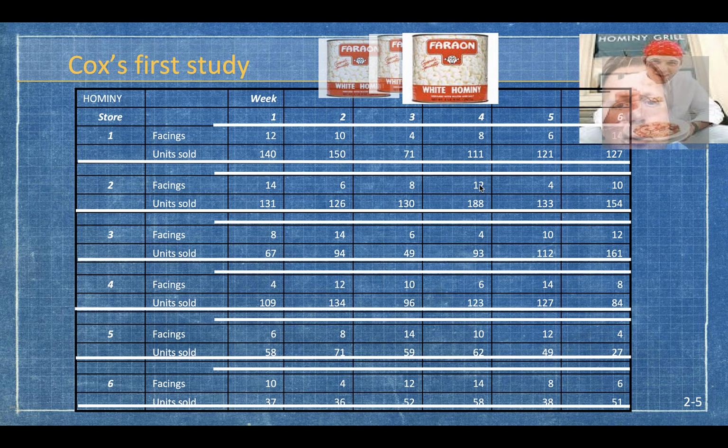So by doing this, when you collapse the model, you can compare 4 facings to 6 facings to 8 facings and so on in a very reliable way, because otherwise you would suffer from seasonalities and that different stores behave differently.